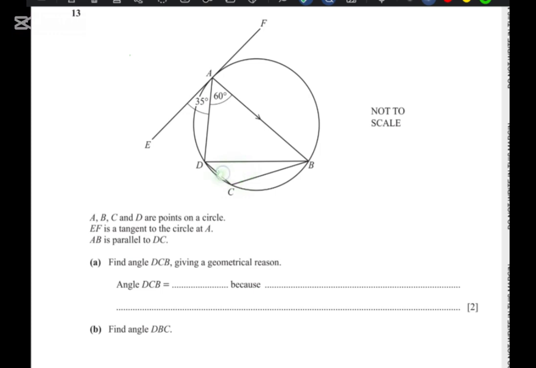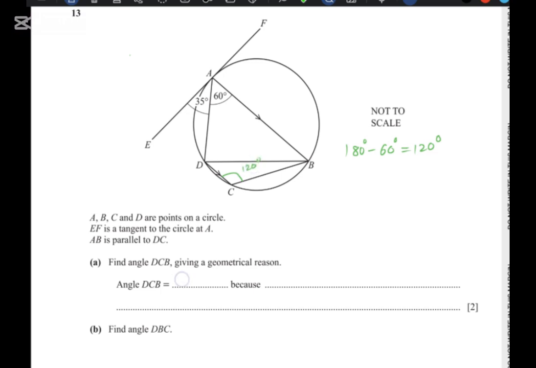Now to get this angle, you see there is an opposite angle given and ABCD is a cyclic quadrilateral. So in a cyclic quadrilateral, the opposite angles add up to 180 degrees. So 180 minus 60, if I do, I get 120. So this is 120 degrees.